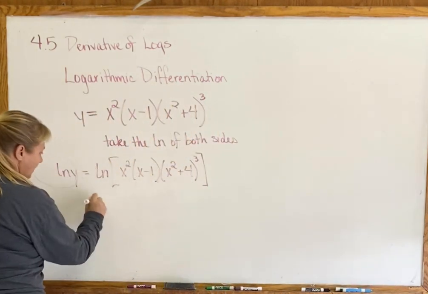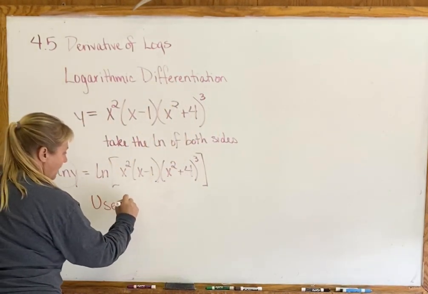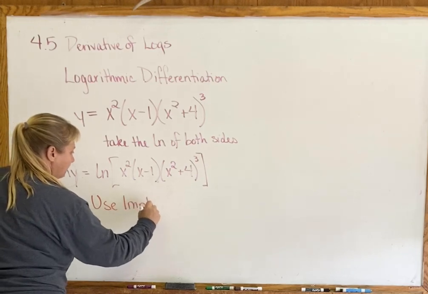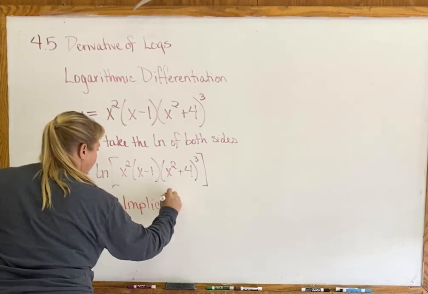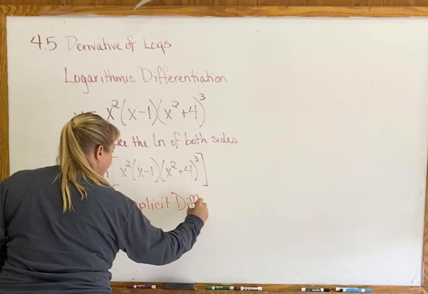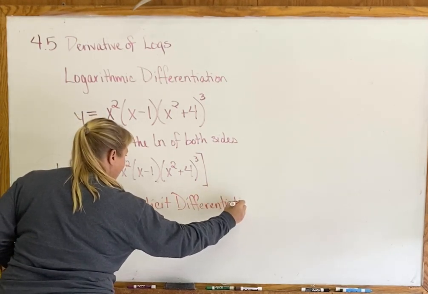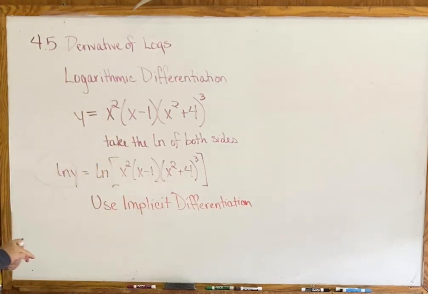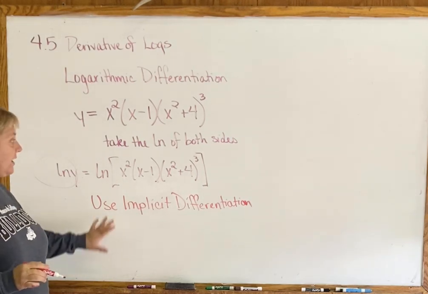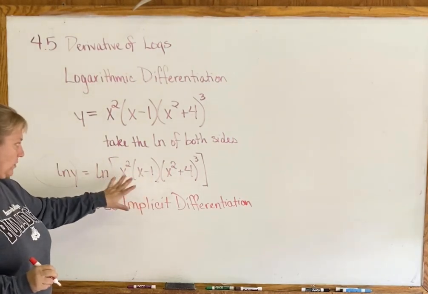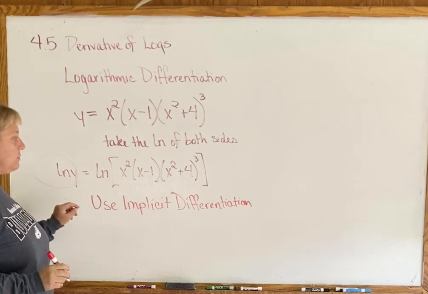Okay, so let's use implicit differentiation. Implicit differentiation is where you take the derivative of both sides, right? But before we do that, we're going to do some simplifying here. Remember, don't be doing it right now, but we're going to use implicit differentiation.